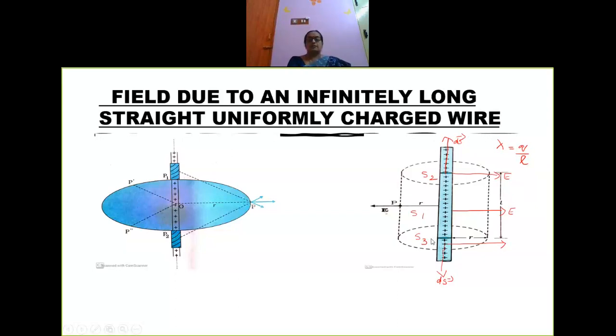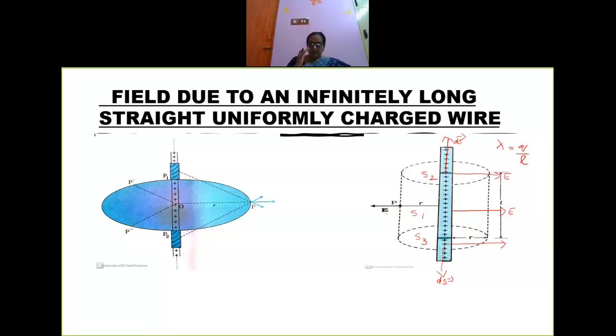So the flux that contributes to the total flux is the flux along the curved cylindrical surface, this part S1 alone will contribute to the flux.